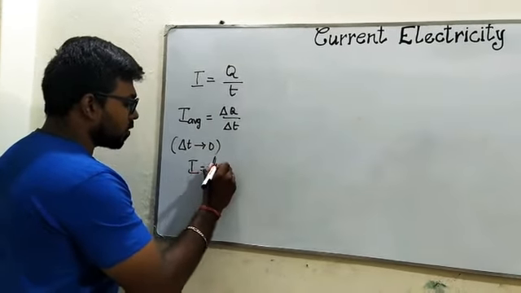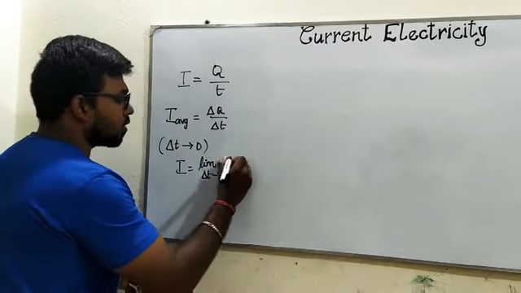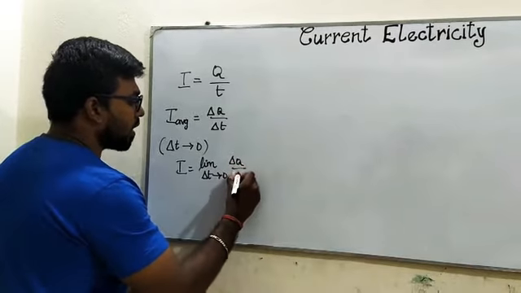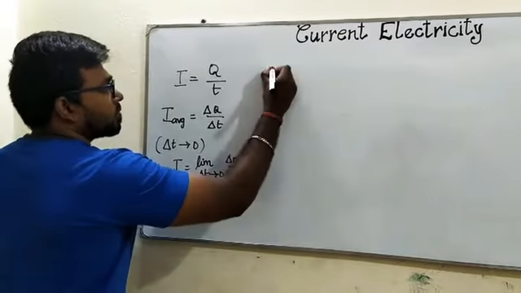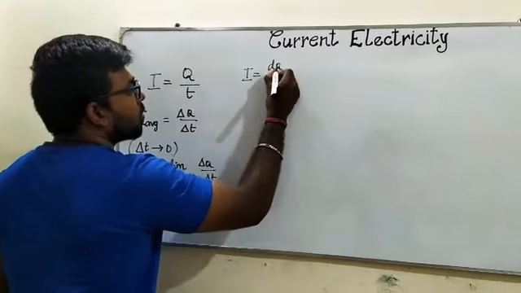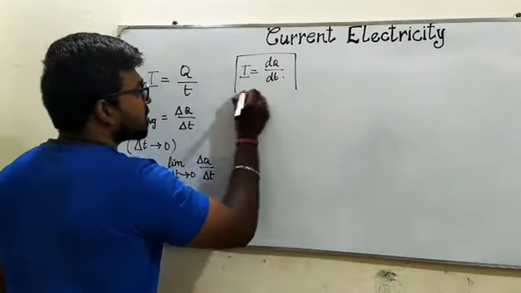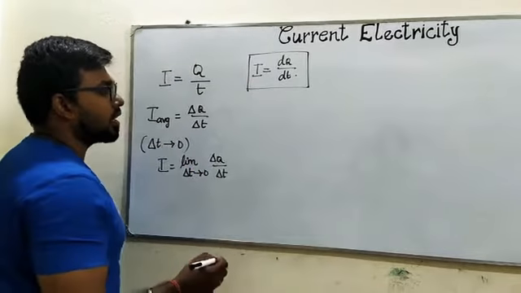I is equal to the limit as delta t tends to 0 of delta Q by delta t. So I is equal to dq by dt. This final expression gives us electric current.